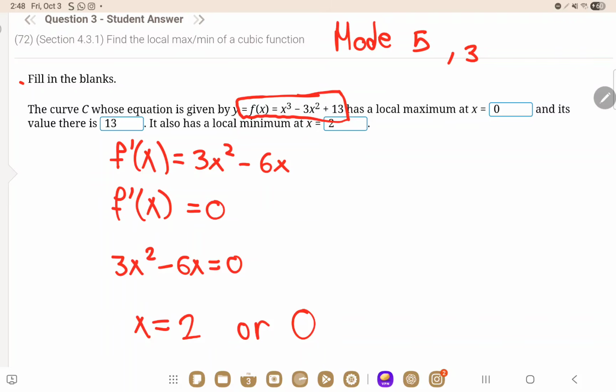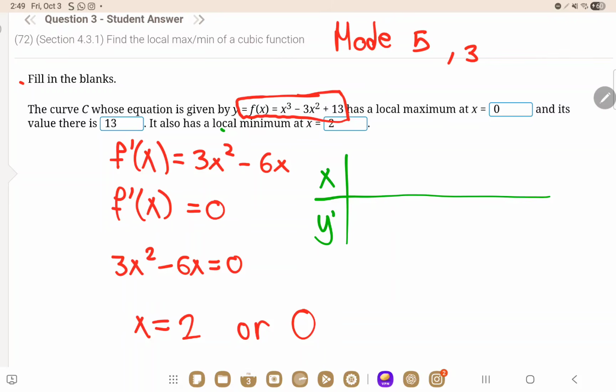Now here is where we need to draw our table of variation. So now we could draw x and y prime. We have two stationary points, 2 points that make this equation 0, or the slope 0. Because the derivative gives us the slope, and we just found where the slope is 0.